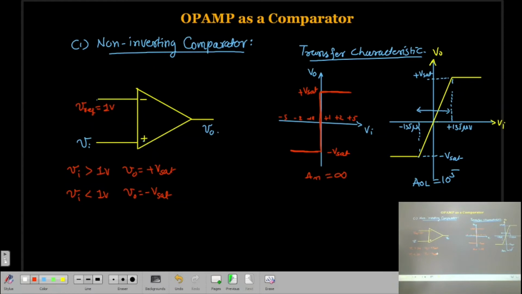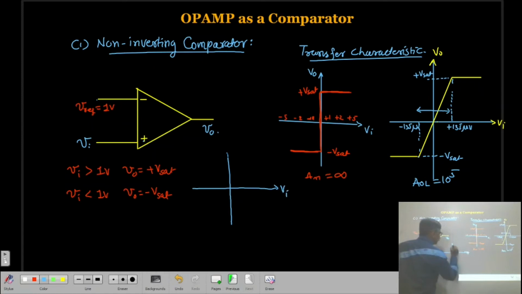Here, if you see what the transfer characteristics are, then the transfer characteristics will be like this. This is the input voltage, output voltage is there, and somewhere here we have 1 volt as my reference voltage. So as I increase this voltage, 0 volt, 0.1 volt, 0.5 volt and 1 volt, the op-amp is going to change the state.